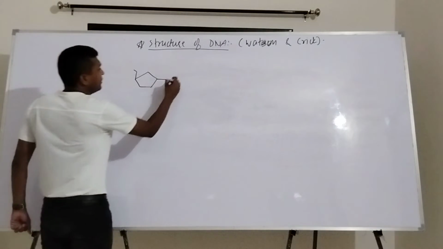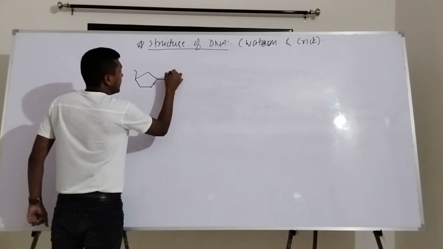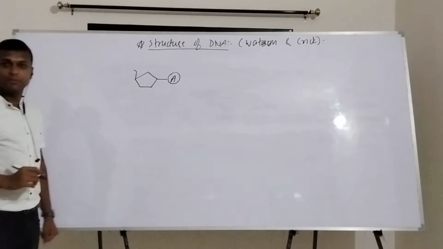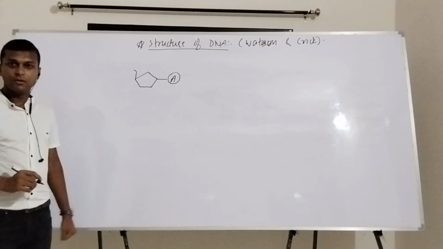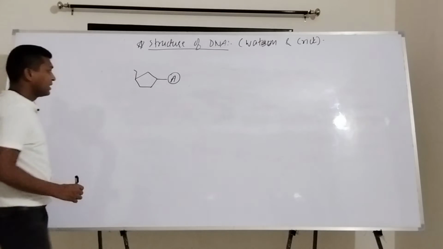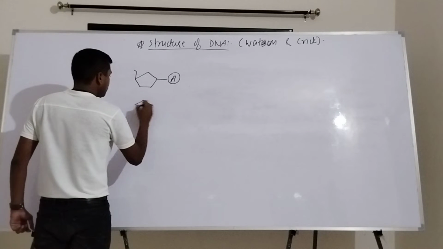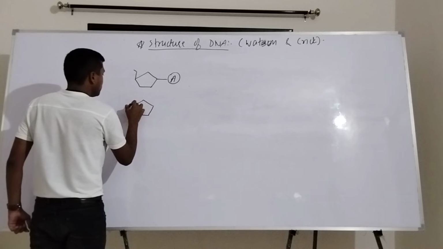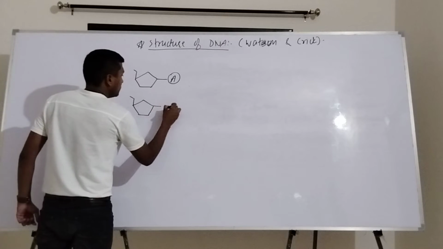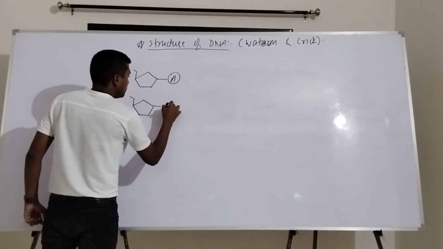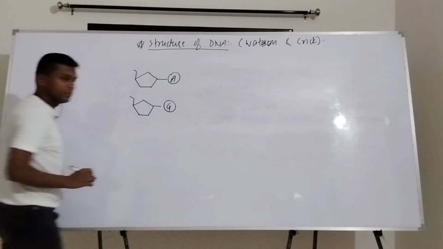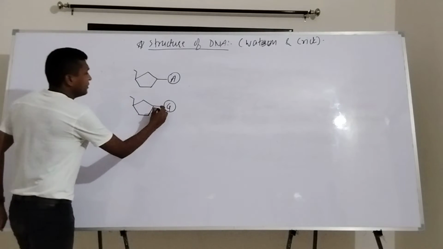Let's take an example. This is adenine, which is present at carbon atom number 1. This is completely called a nucleoside. Second, there is guanine, which is present again at another sugar.